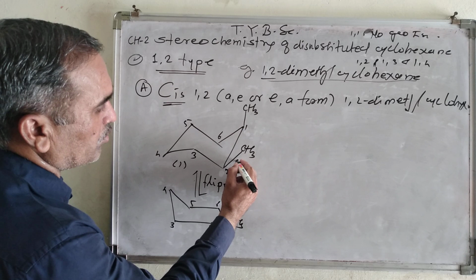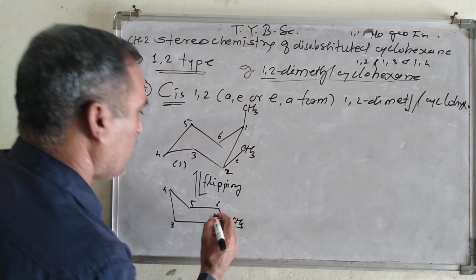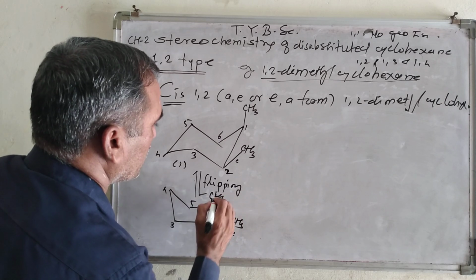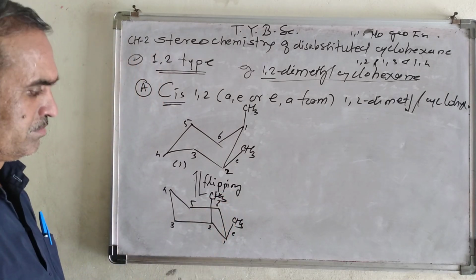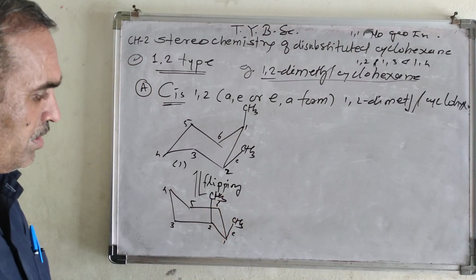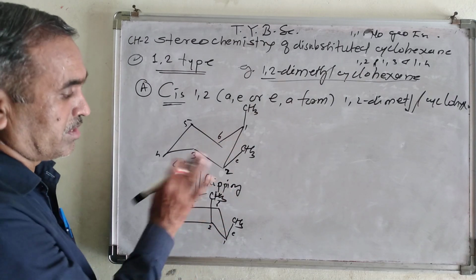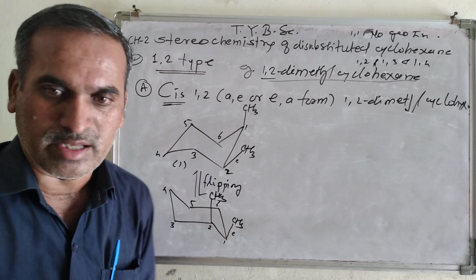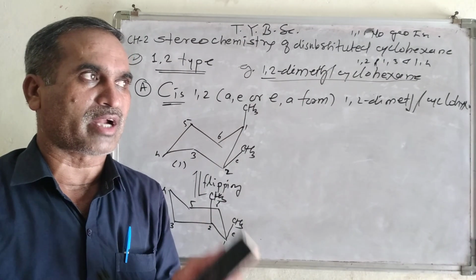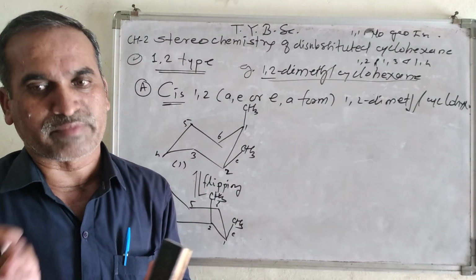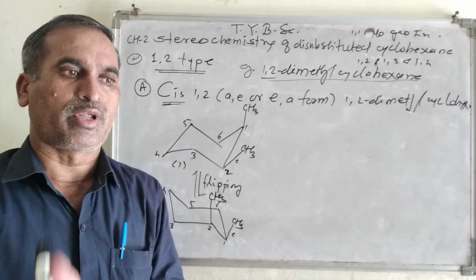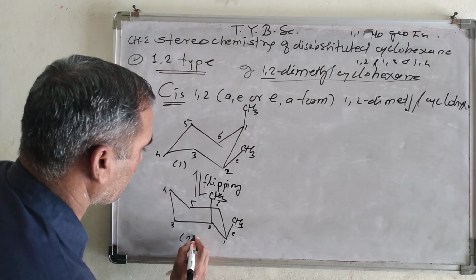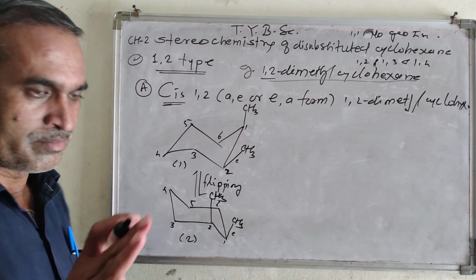Now look here, the equatorial CH3 at carbon number 2 becomes axial here, right? Flipping is a process in which one chair conformation converts into another chair conformation, and during that process an axial bond becomes equatorial and an equatorial bond becomes axial, right? This structure you can call structure number 2.